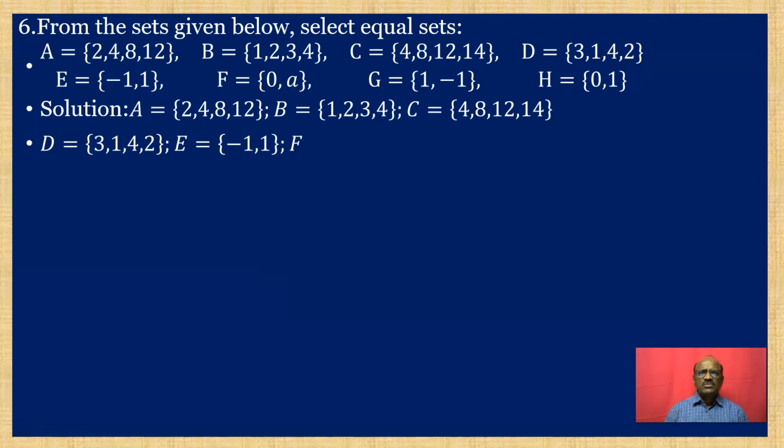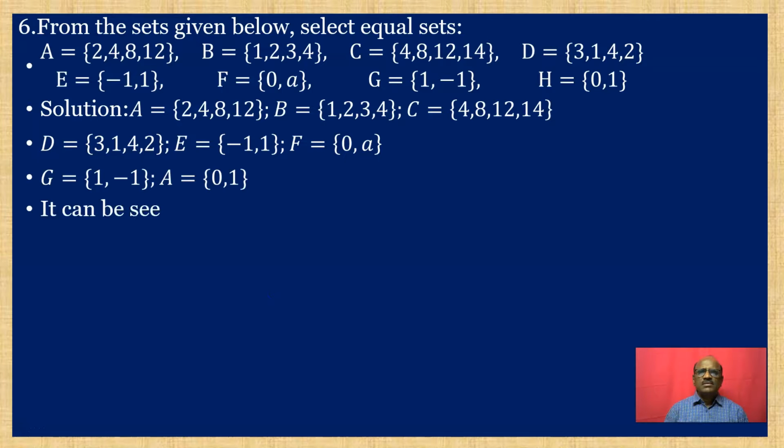You can do it this way. It's a very simple question. Which have equal sets? Okay. Here is H, by mistake it is written differently. You can also determine which sets are equal.